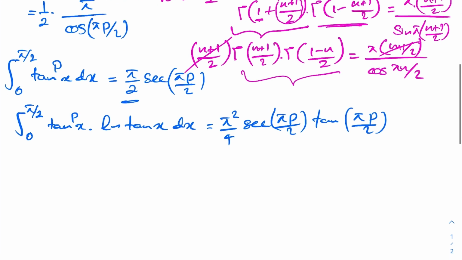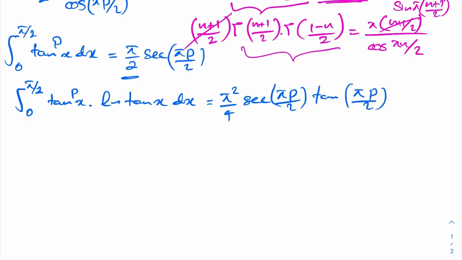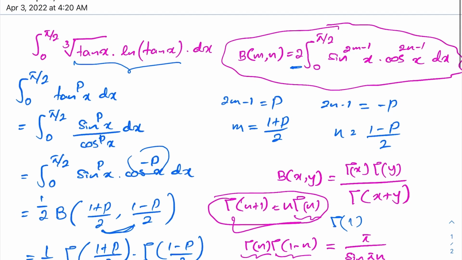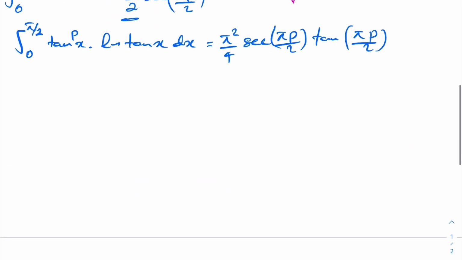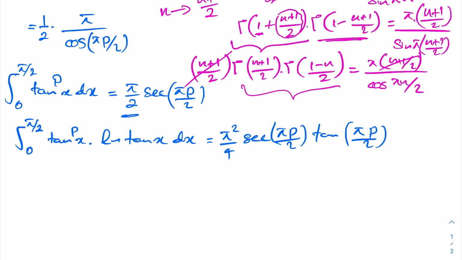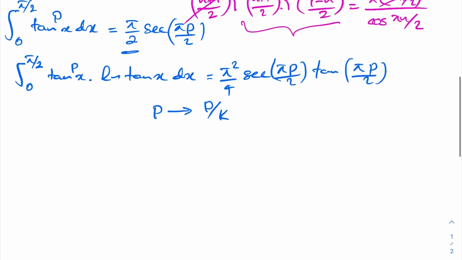Okay, then now in the question we have cube root of tan of x. Therefore now, instead of p I'm going to apply p over k.